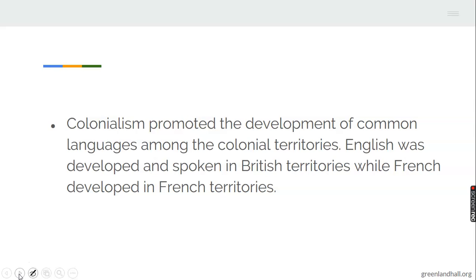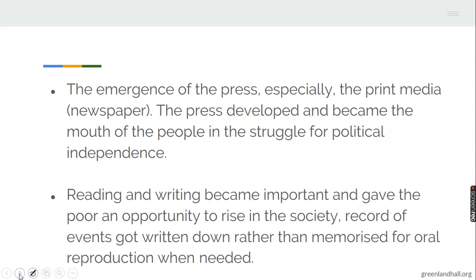Colonialism promoted the development of common languages among the colonial territories. English was developed and spoken in British territories like Nigeria, one of them, while French developed in French territories like Ivory Coast, Togo, Niger Republic, to mention but a few. There was the emergence of the press, especially the print media, newspaper.